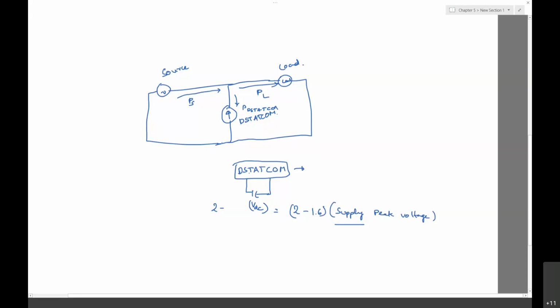Here, at any point of time, the capacitor is going to drain the energy stored in it. Even to charge it again to the 1.6 to 2 times or any kind of voltage, it takes some active power.